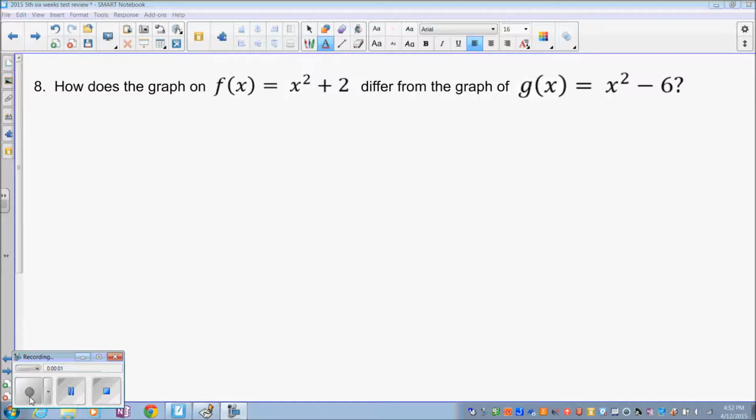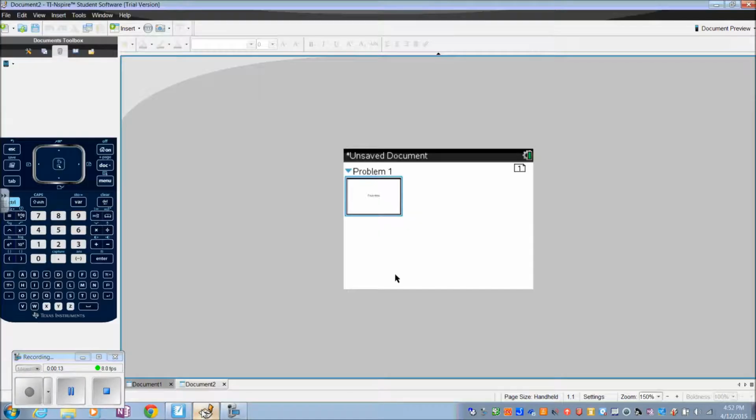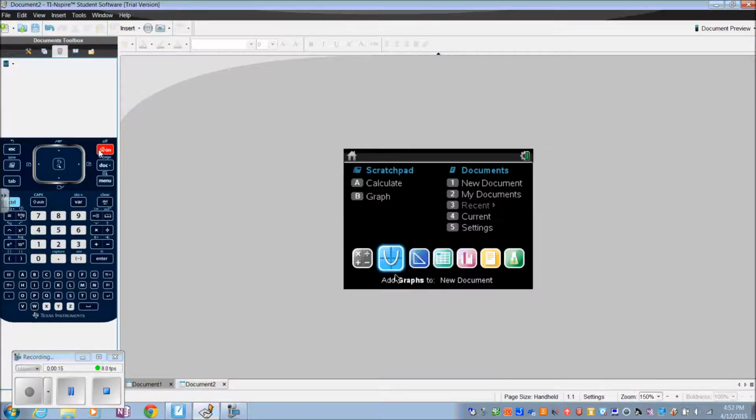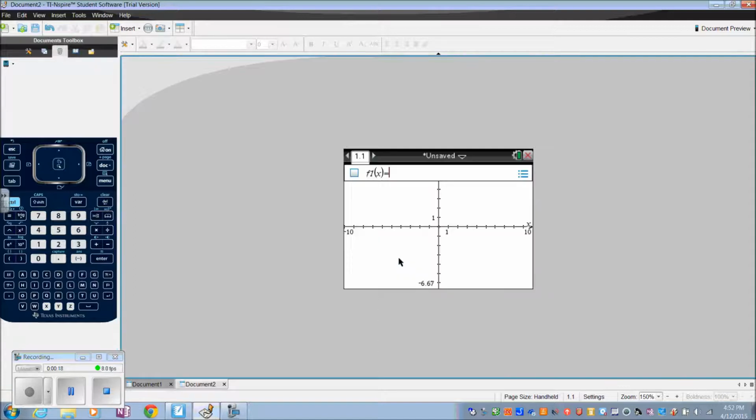Number 8 says, how does the graph of f of x equals x squared plus 2 differ from the graph of g of x equals x squared minus 6? And if you don't know right off the top of your head, you need to go to your graph and you need to graph it. So from the home screen, you're going to go to the parabola, and we're going to enter the first one, which is x squared plus 2.